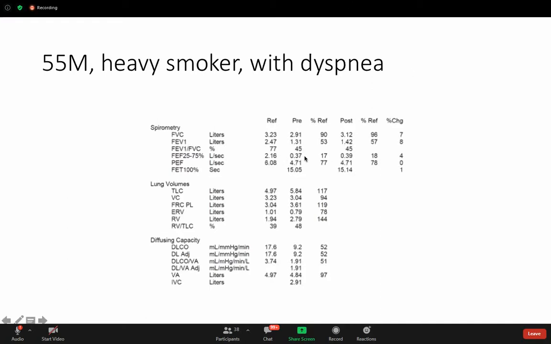Is it normal, the ratio? Come on, guys. Okay, so it's decreased. Well done. Next, we see what?